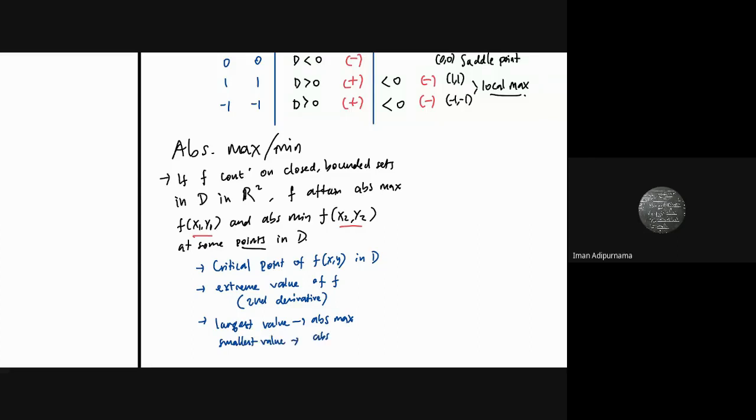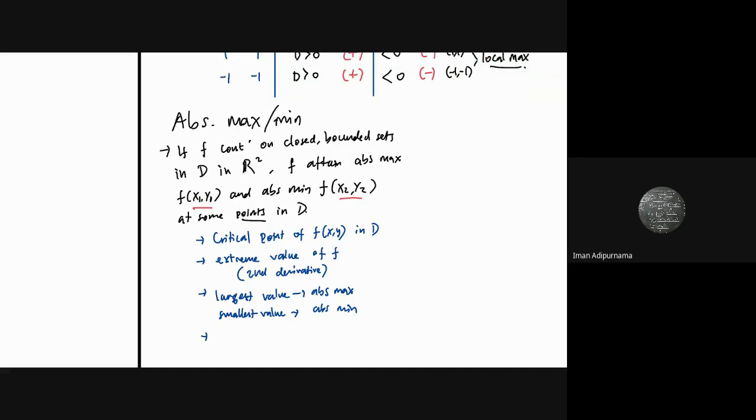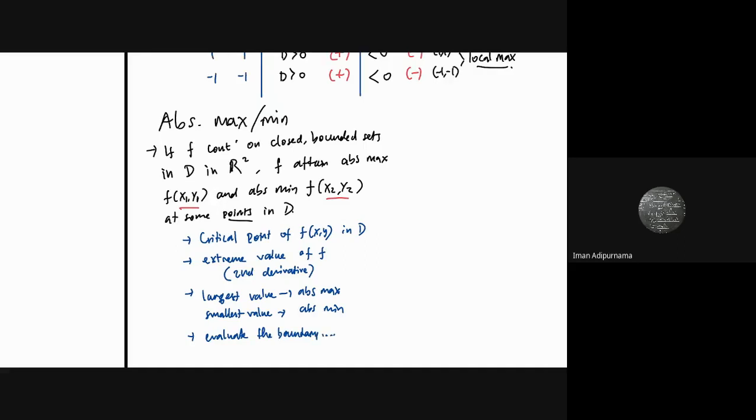Okay. And also you can evaluate the boundary if there's any boundary. Okay. This is just a note for absolute max and min, but actually all the practical approach will be the same.